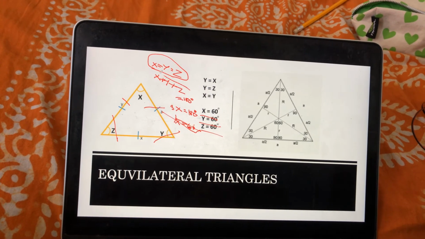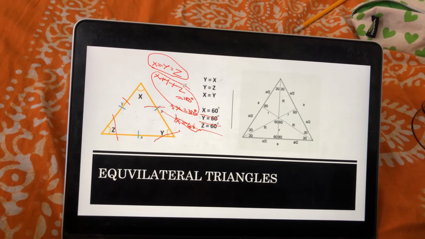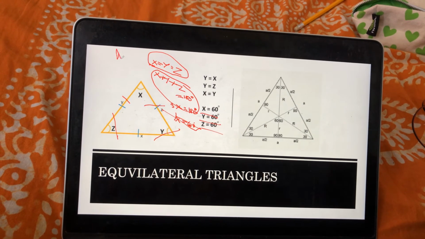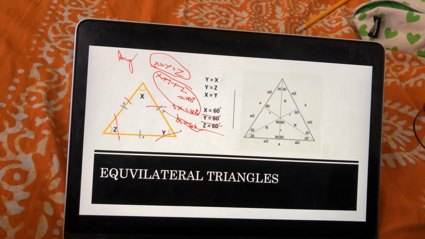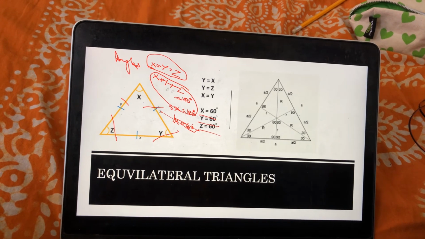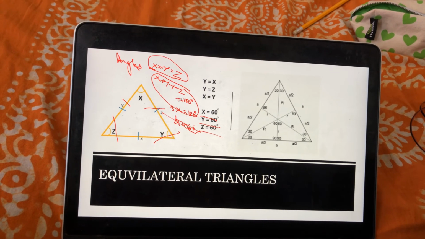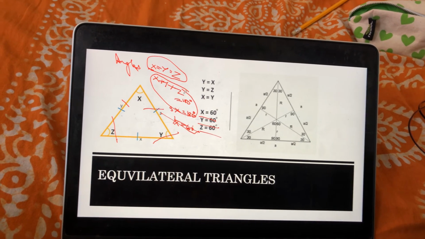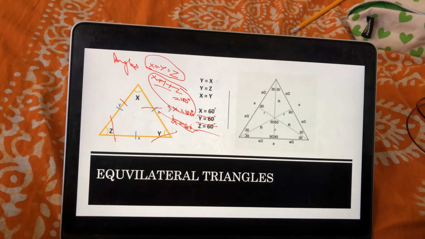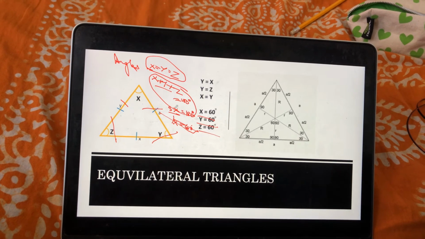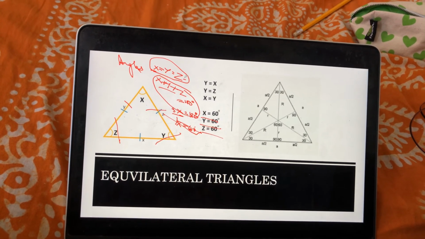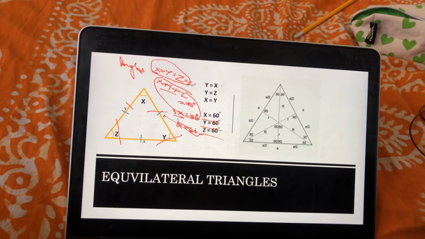The sum of the angles must be equal to 180 degrees, angle sum property. So this is x, this is also x, this is also x, so this will become 3x. This is 3x equals 180 degrees, so x is nothing but 60 degrees. X is equal to y is equal to z is equal to 60.